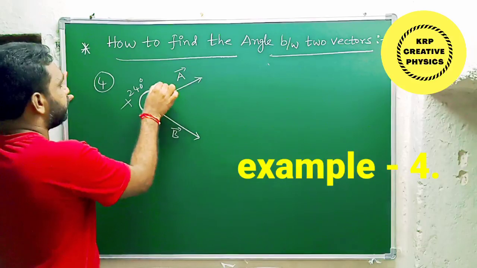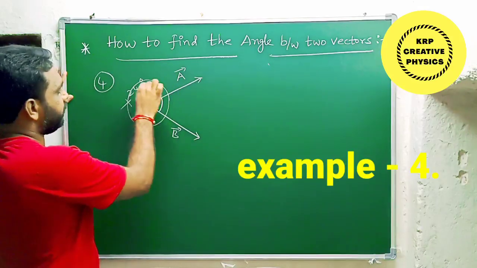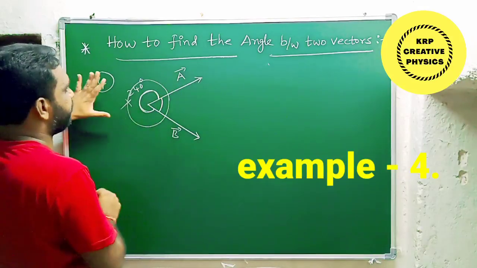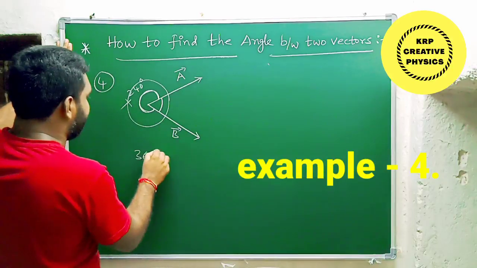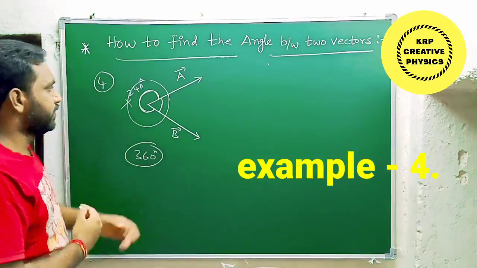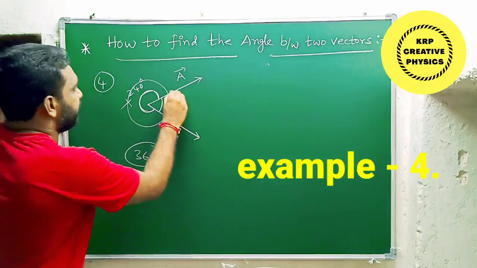As we know, if we consider a complete circle, what is the total angle in the circle? 360 degrees. So we need to consider only this angle.